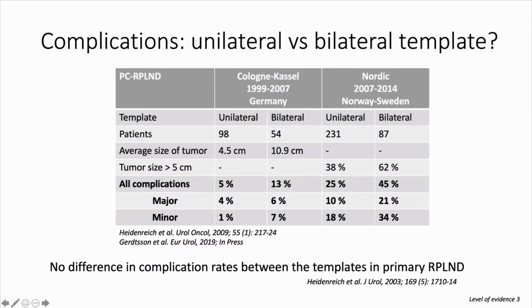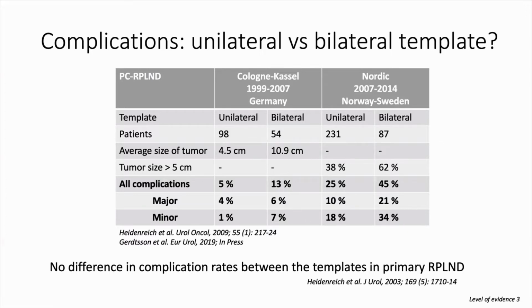Is there a difference in complication rate whether we do a unilateral or bilateral template in RPLND? This question is unclear. We have retrospective studies. If we look at the German and Scandinavian PC-RPLND cohorts, we can see that there tends to be a higher amount of complications with the bilateral template in both of these studies.